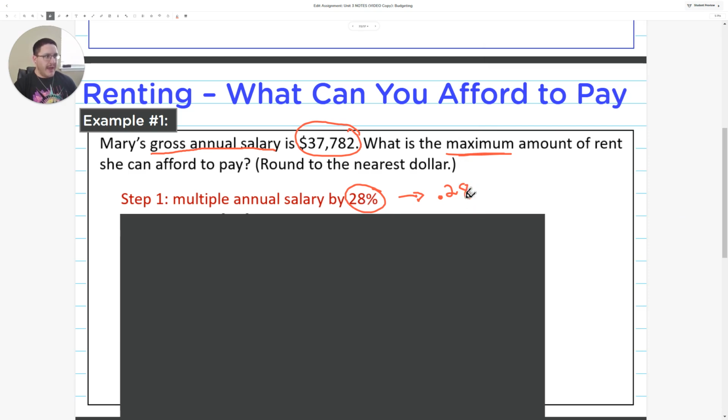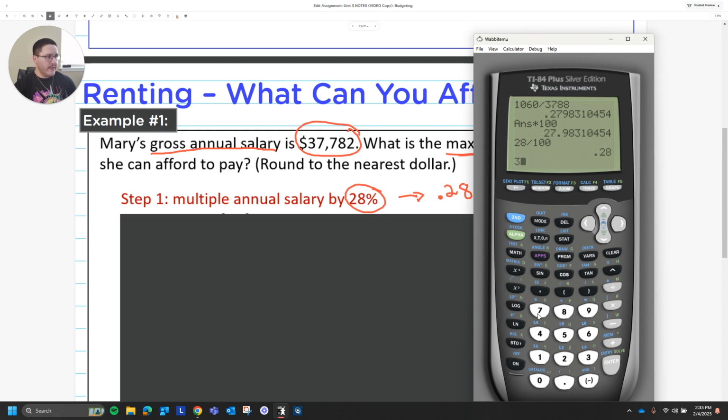Then we're going to multiply that with the gross annual salary. So $37,782 times 0.28 is $10,578.96. So this is how much you're expected to pay in rent for the entire year.